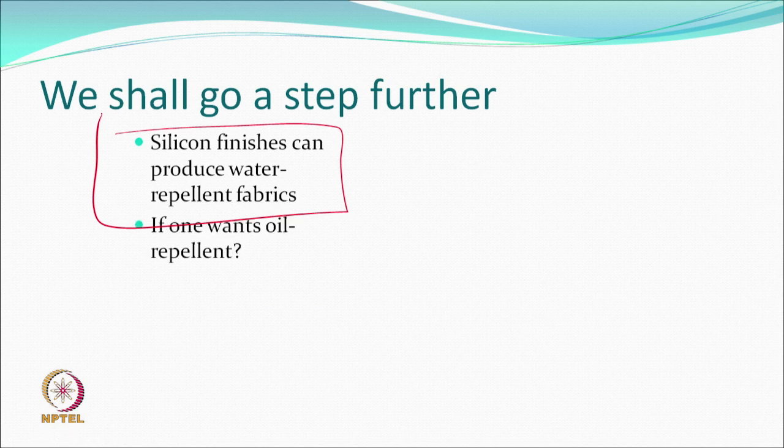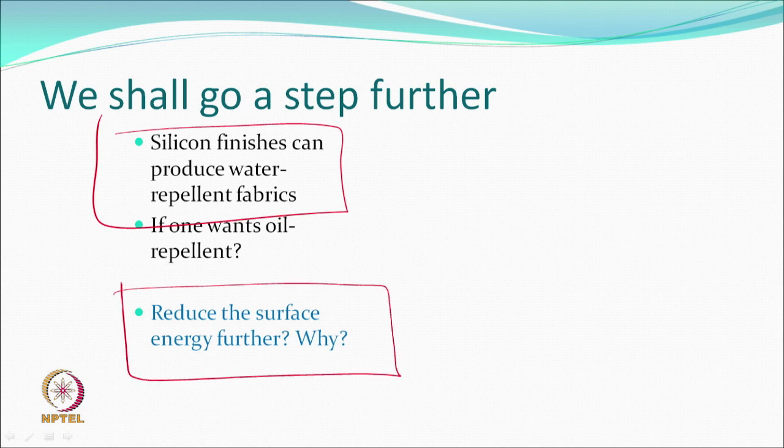If you want oil repellent, reduce the surface energy further. Why? Because the surface tension of liquids like oils and organic solvents is much less compared to water. Is that clear?